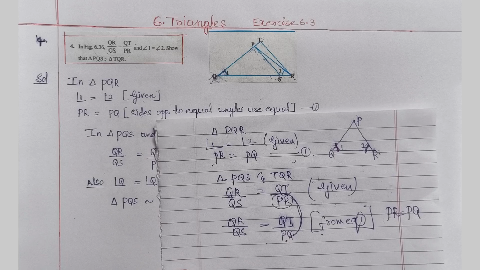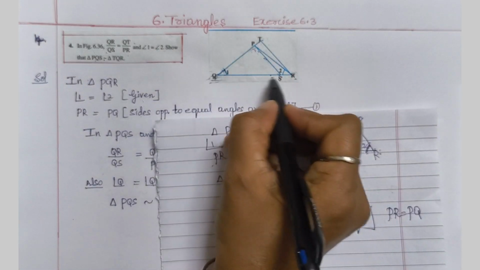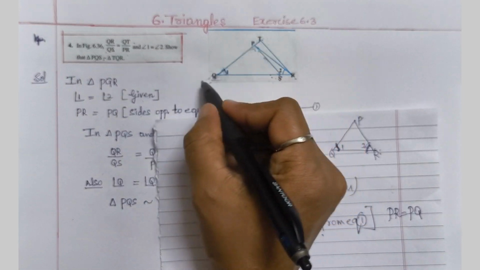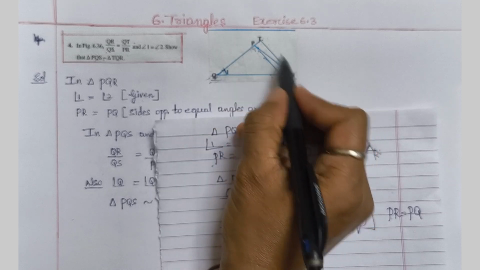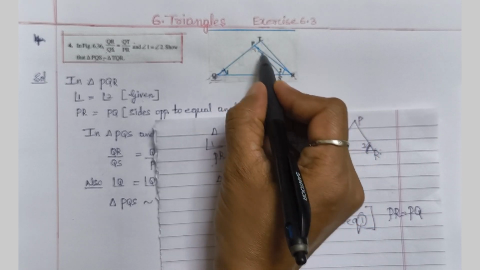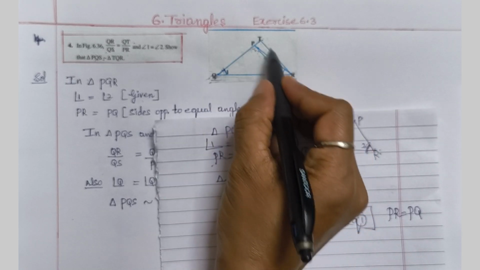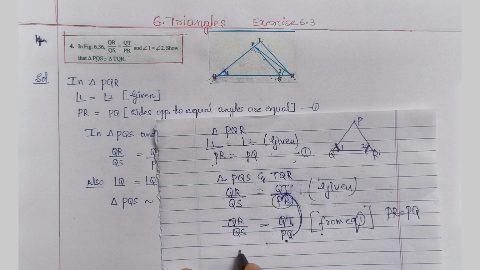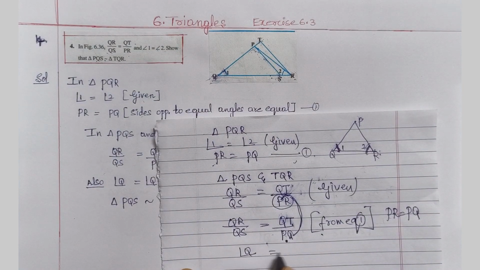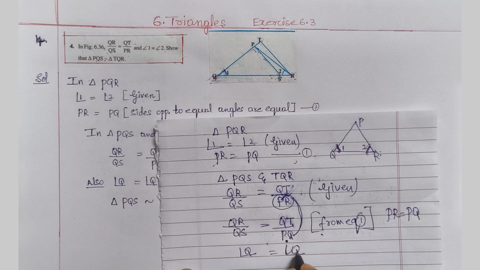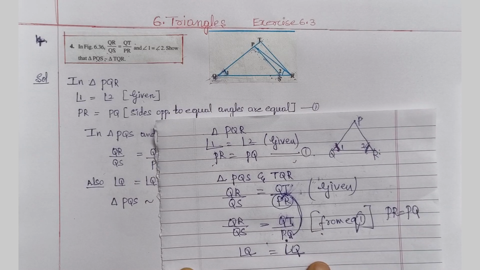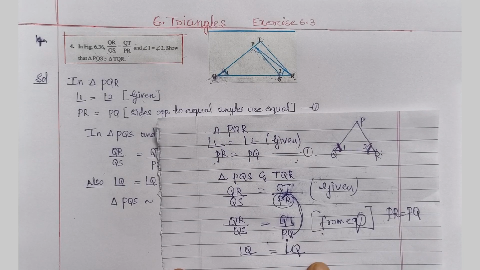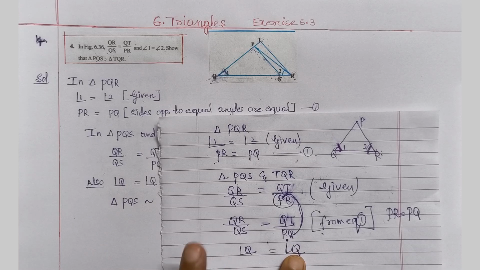Next, see here, triangle PQS and triangle TQR. What is the common angle in both triangles? Angle Q is equal to angle Q. Both have a common angle. Using which criteria are these two triangles similar?